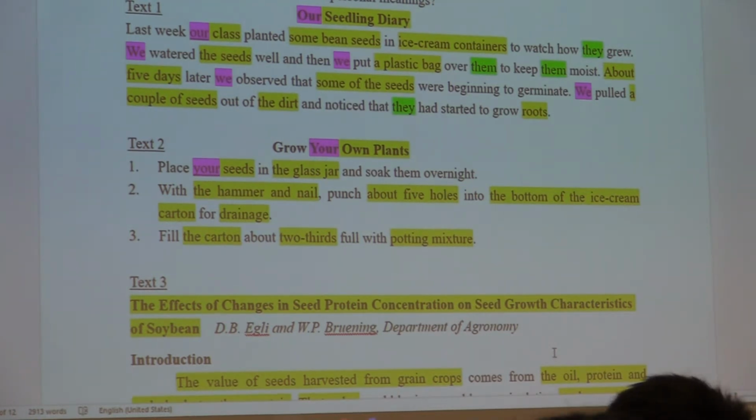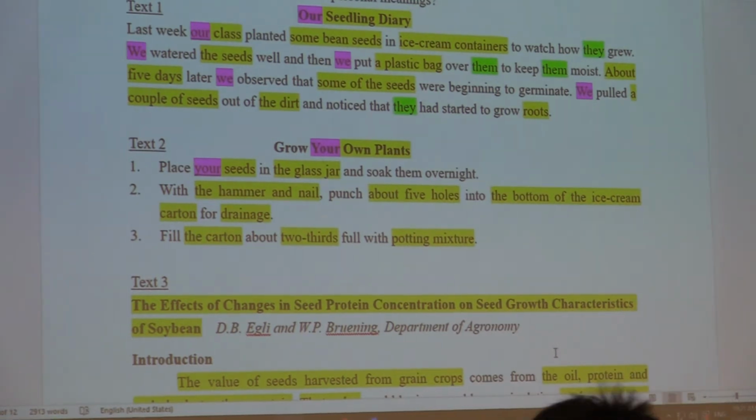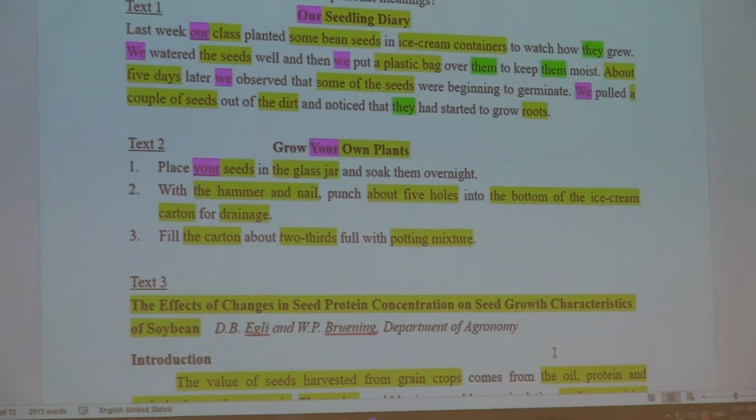In text 2, there are a lot of common nouns, concrete nouns. Why? Because we tell the readers how to do something, then it must be something concrete. So like the glass jar, seeds, the hammer, and nail, all these are concrete nouns.